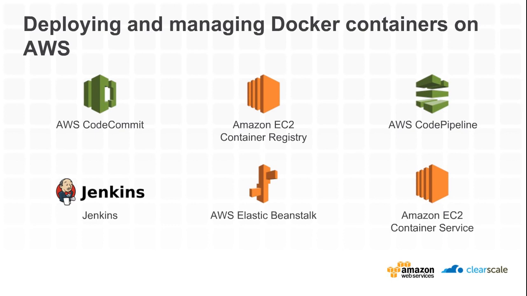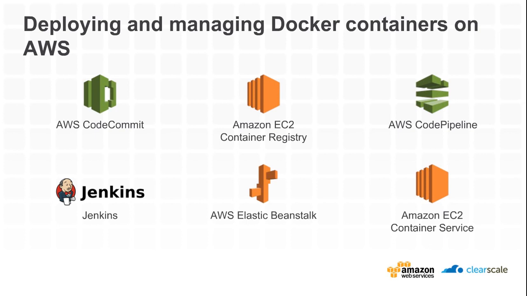And so, deploying and managing Docker containers on AWS, AWS has really simplified this, right? So we look at where's our code, whether it's CodeCommit, GitHub, something of that nature, and then where are we going to store these Docker images, whether it's Docker Hub or EC2 Container Registry, and then how are we going to orchestrate this process?